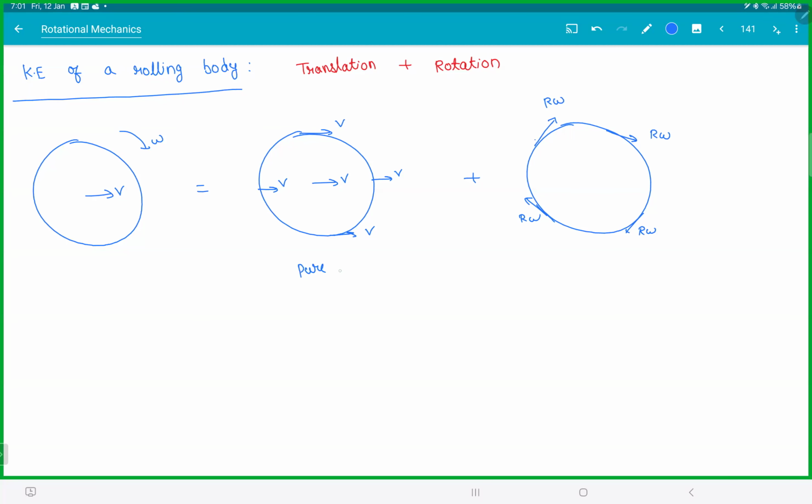And if you remember this formula we derived in center of mass, kinetic energy of a system is kinetic energy of center of mass plus kinetic energy about center of mass.